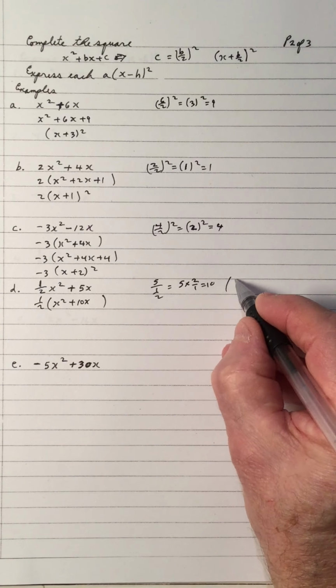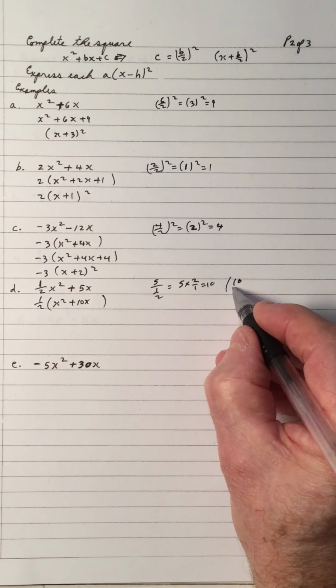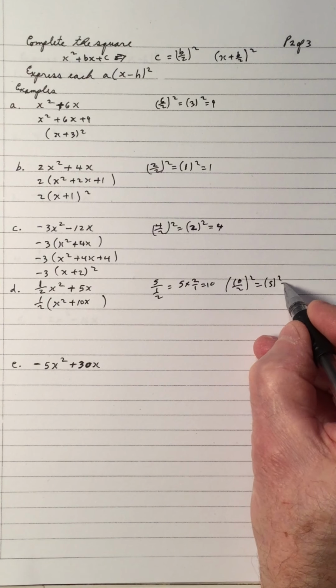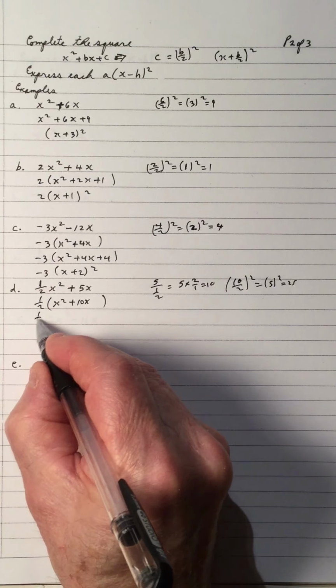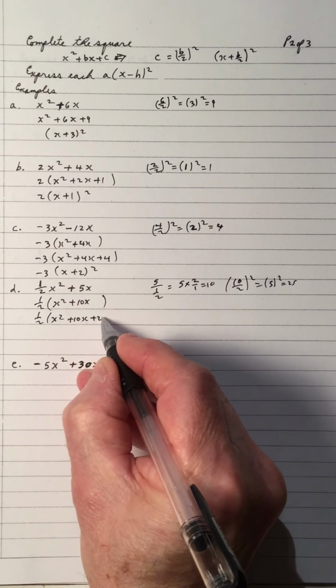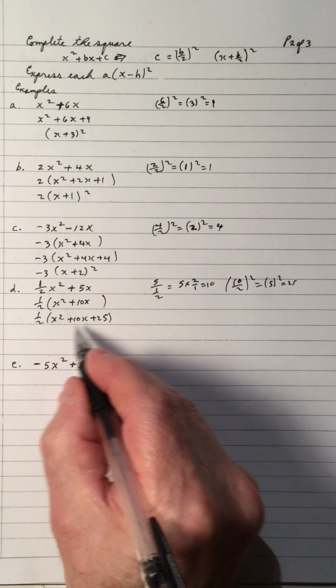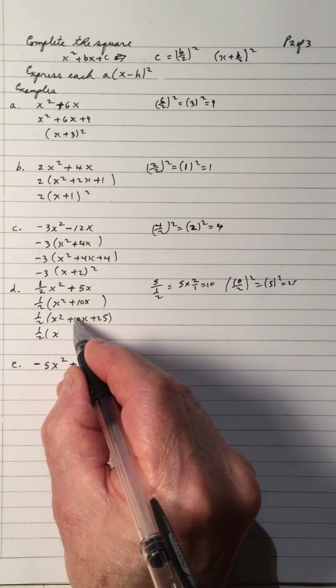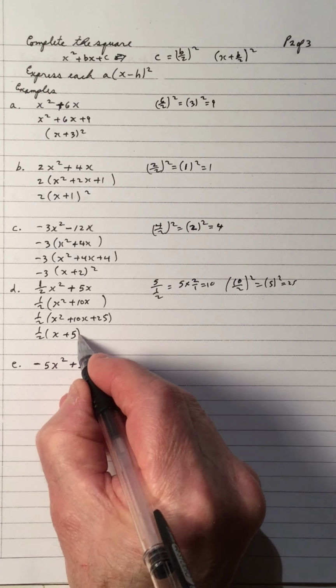Now we have to take the 10 and divide it by 2 and square it. So 5 squared is 25. So that's x squared plus 10x plus 25. Perfect square trinomial. Factorization is an x. A half of plus 10 is a plus 5, and we square it.